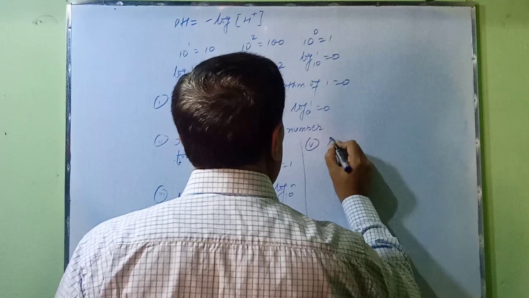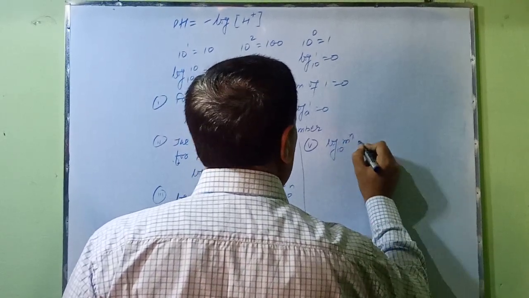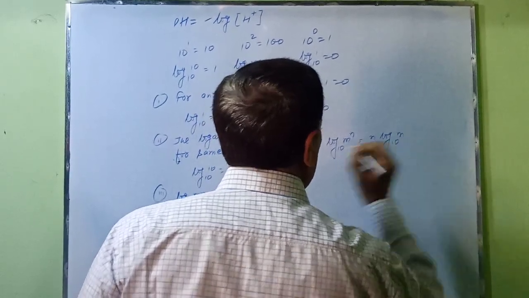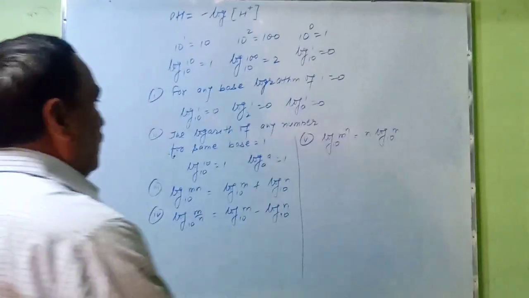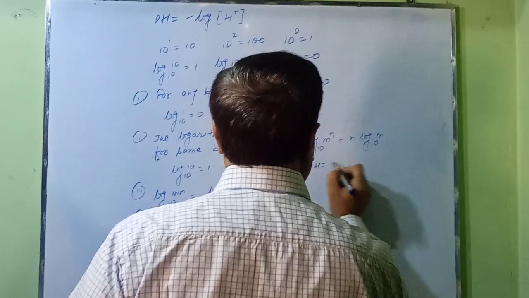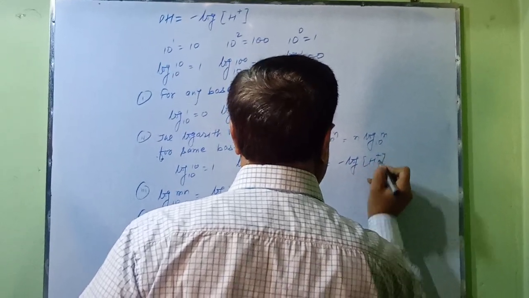Next formula, log m power n base 10 is equal to n log m base 10. Next formula, pH is equal to minus log hydrogen ion concentration.